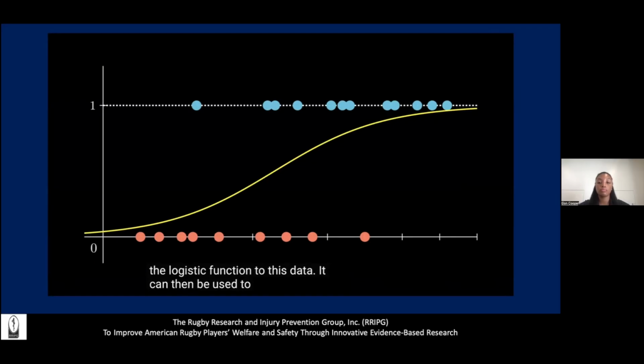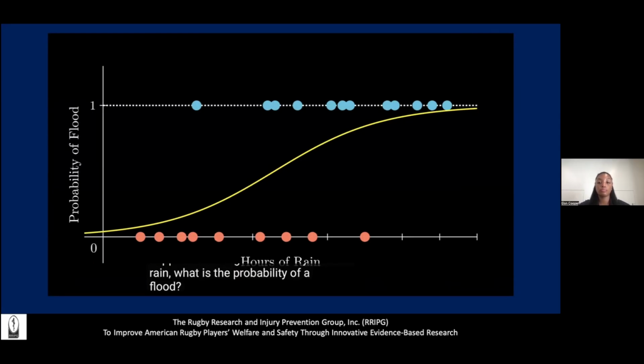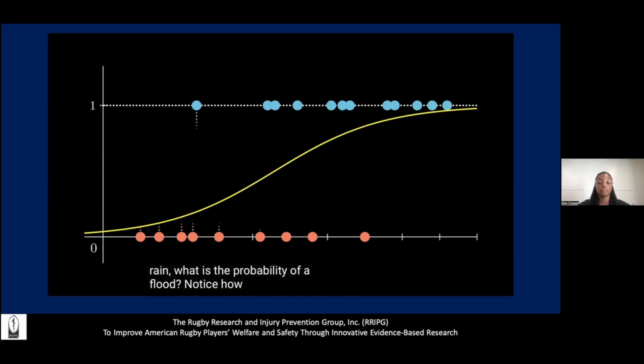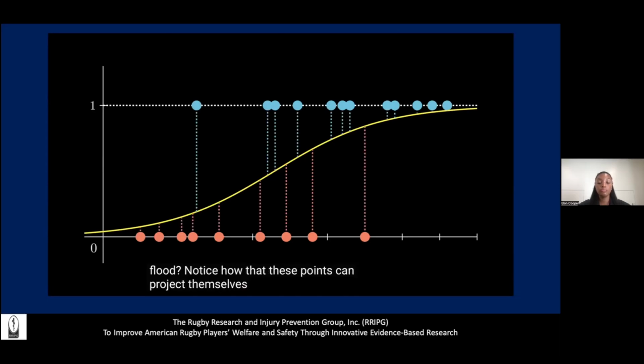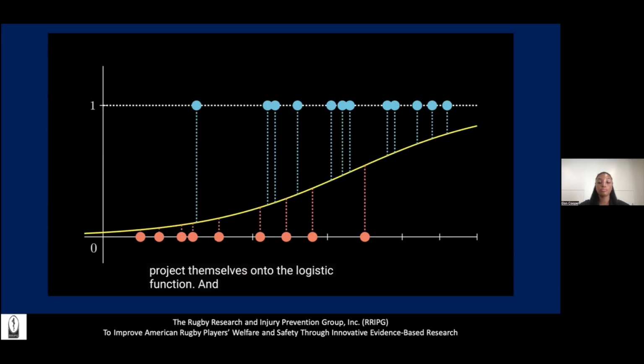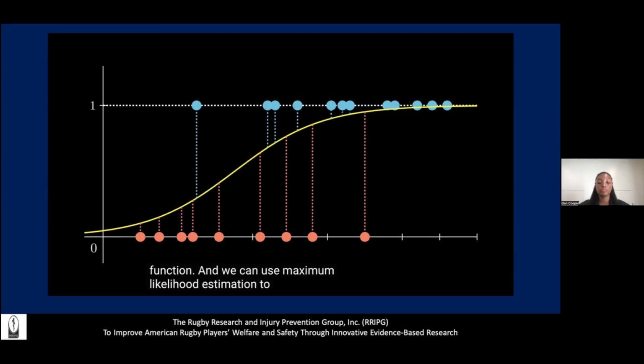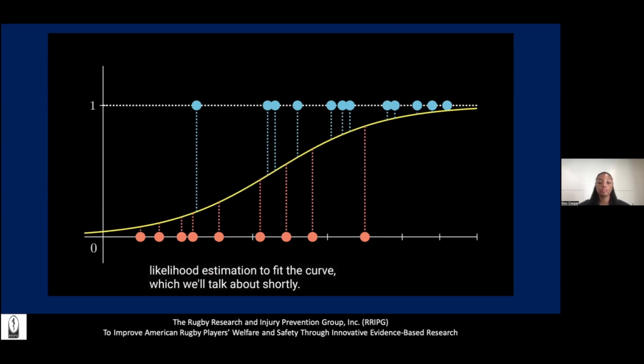It can then be used to make predictions of probability whether or not an event will happen, such as, given so many hours of rain, what is the probability of a flood? Notice how that these points can project themselves onto the logistic function, and we can use maximum likelihood estimation to fit the curve, which we'll talk about shortly.